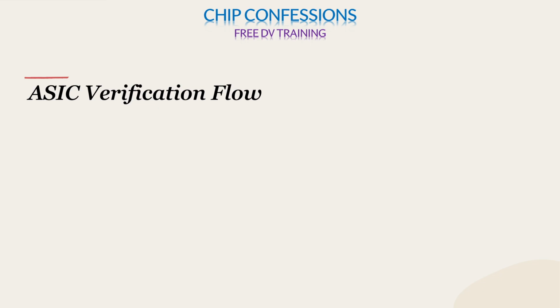Whatever bugs, issues or mismatches we find, 90% of everything we should find at this level only, and we should fix those things. Because if you catch and fix bugs at this level, it will not cost you much.